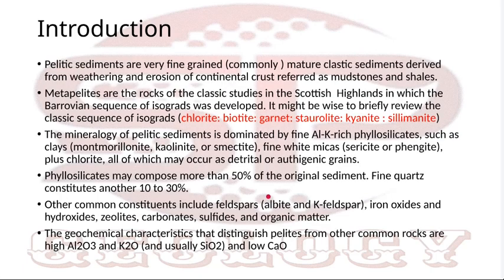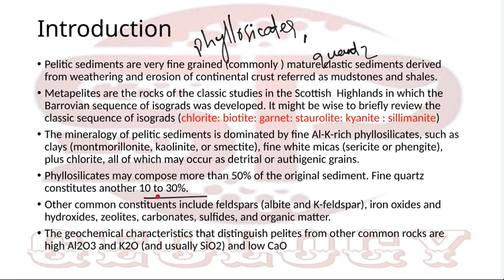So I have already told you about metamorphism and about the pelitic rocks. What are the pelitic rocks? Pelitic rocks are basically fine-grained rocks containing phyllosilicates in a major proportion. Apart from that, they contain quartz in a 10 to 30% proportion.